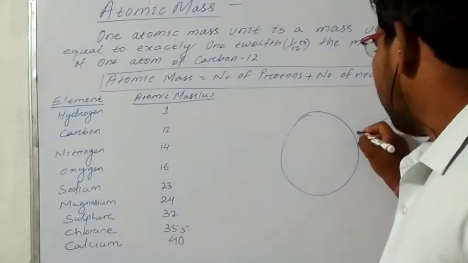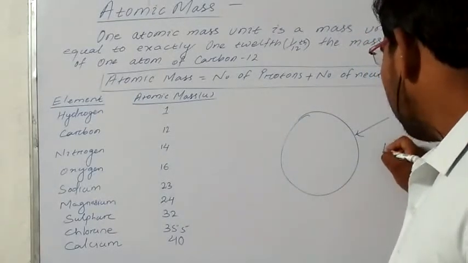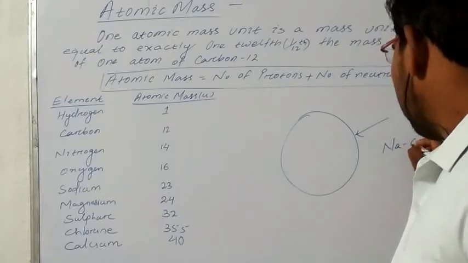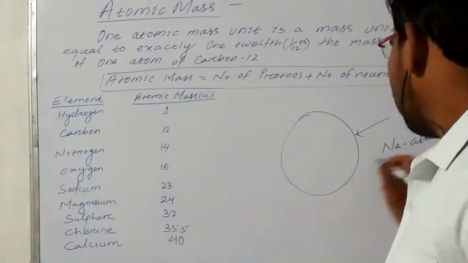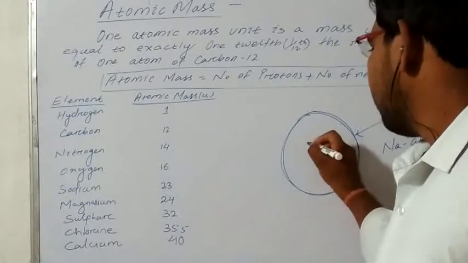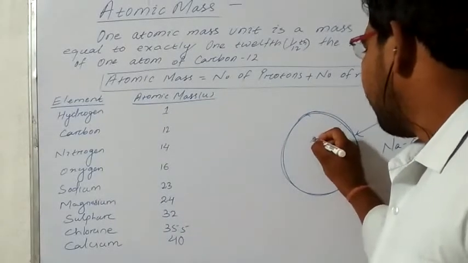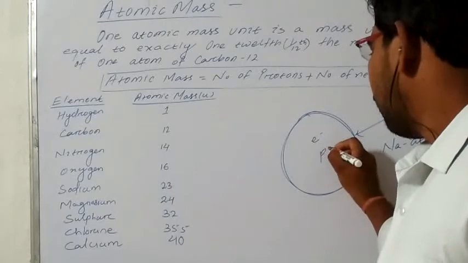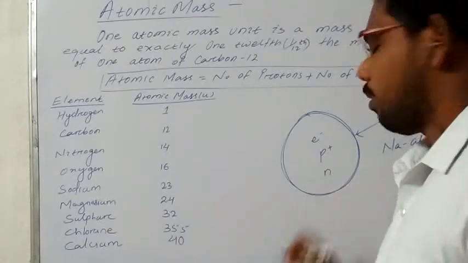Suppose this is one atom of sodium. Inside the sodium atom, what are present? Electrons, protons, and neutrons.